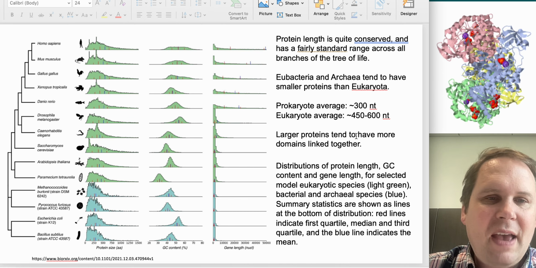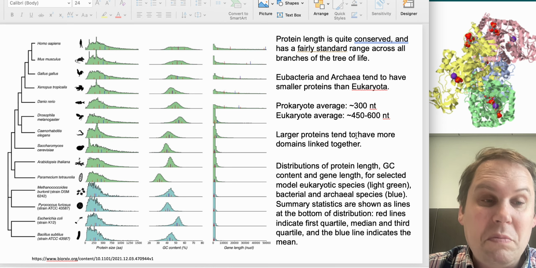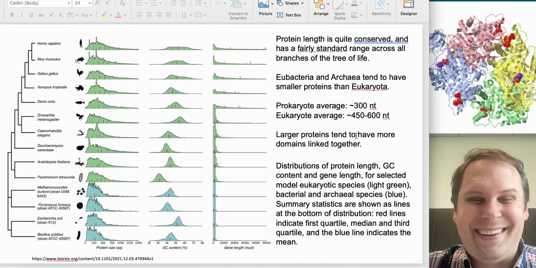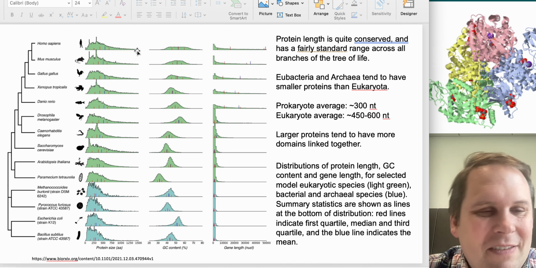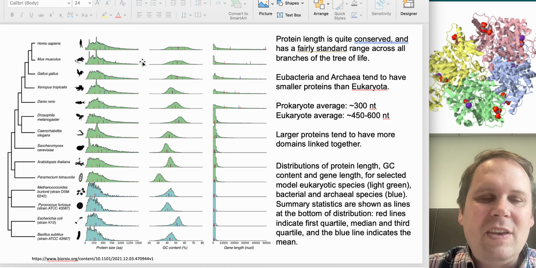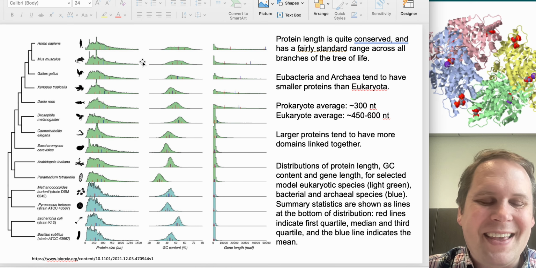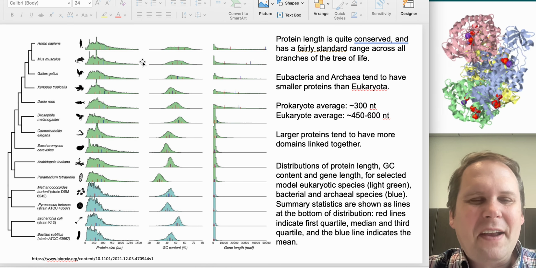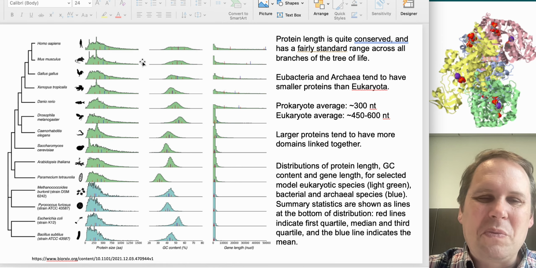How many domains do you have in the average eukaryotic gene? 1 to 2. Yeah, there you go. And you'll see there's a long tail out here. These are the really big genes, and there are genes out there that'll have 20 domains in them. They're really fantastic things, very complicated, like an entire assembly line all in a row, working together toward some job.